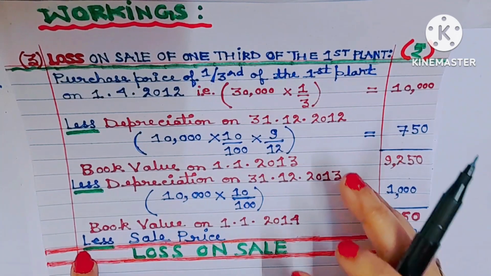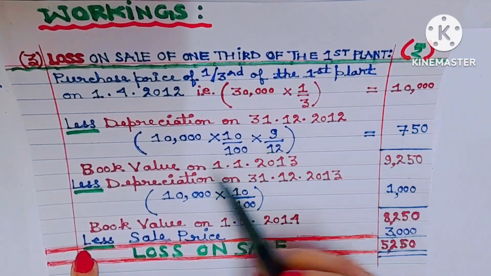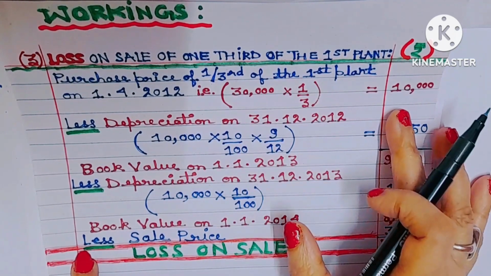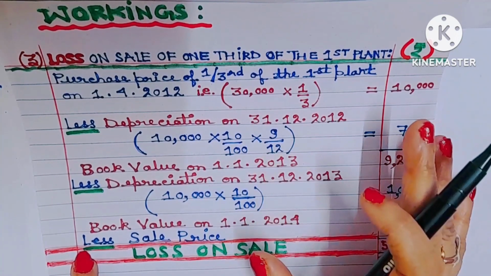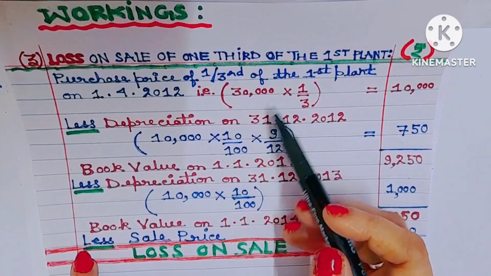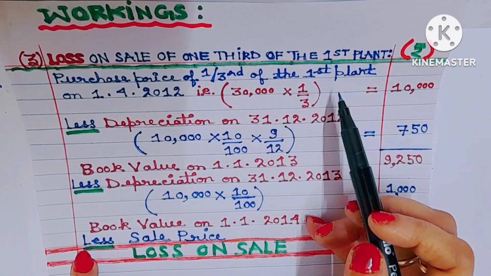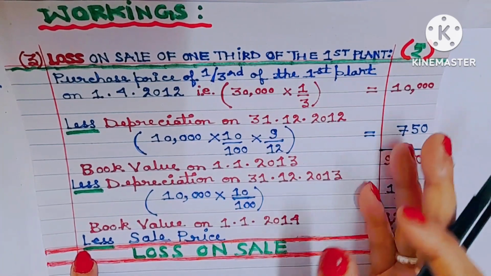So now we have to charge depreciation for 9 months on rupees 10,000. Why on 10,000? Because only 1/3 of the first plant was sold, not the whole plant. Understood? Now let's charge depreciation on 1/3 of the first plant for 9 months at the rate of 10% per annum under the straight line method.